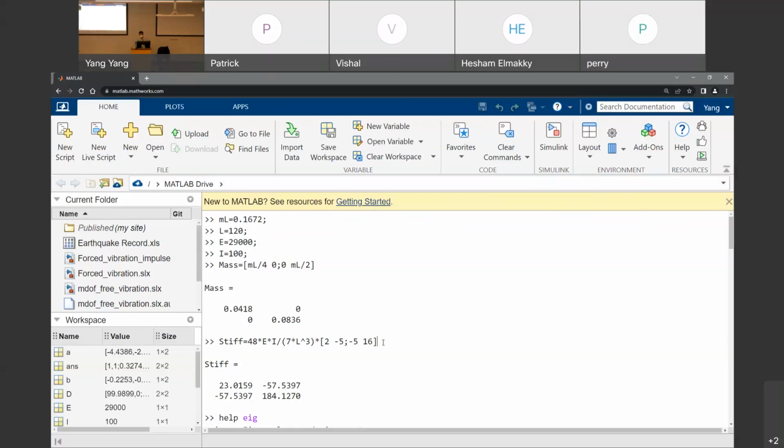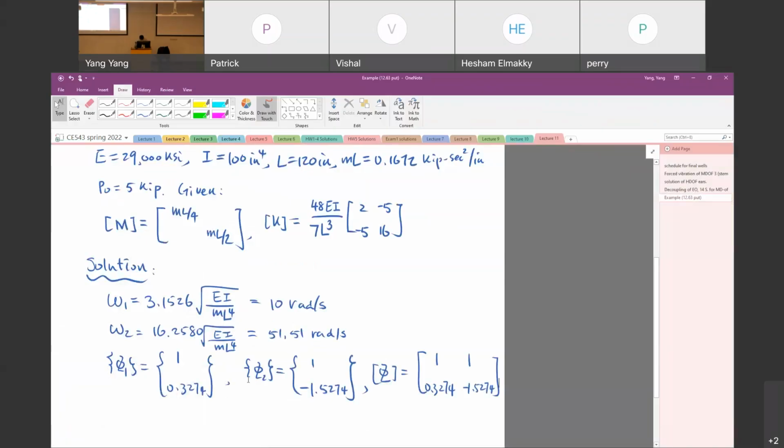That's linear algebra. MATLAB is very powerful, as you have already seen.